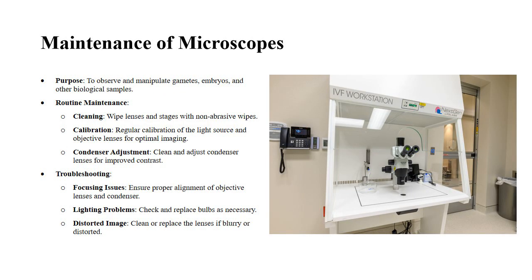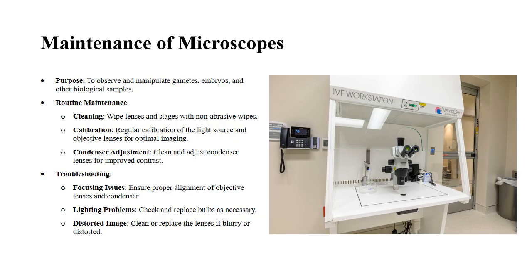A. Microscopes. Purpose: used for the detailed observation and manipulation of sperm, oocytes, and embryos. Routine maintenance. Cleaning: regularly clean the lenses, stage, and eyepieces with a non-abrasive cloth and appropriate lens cleaner.